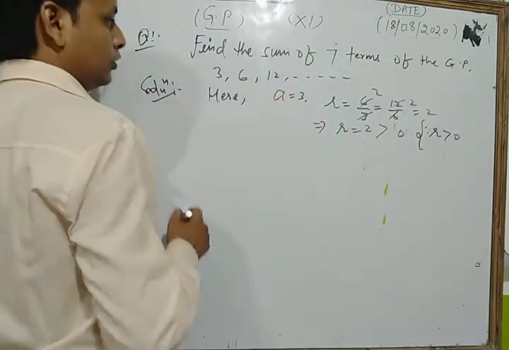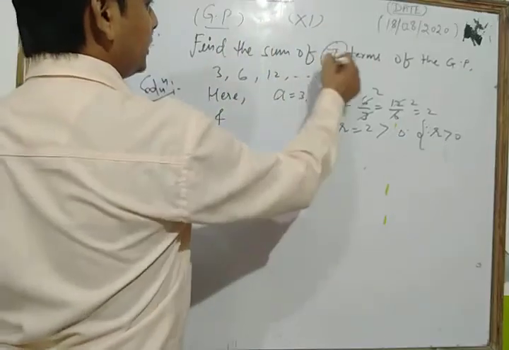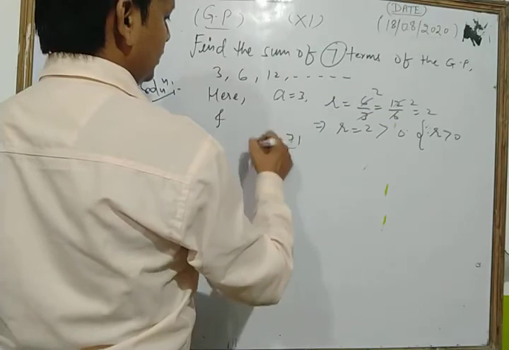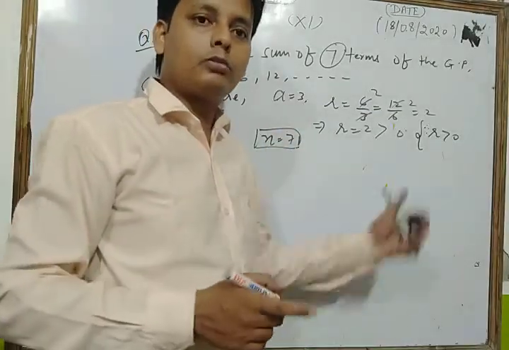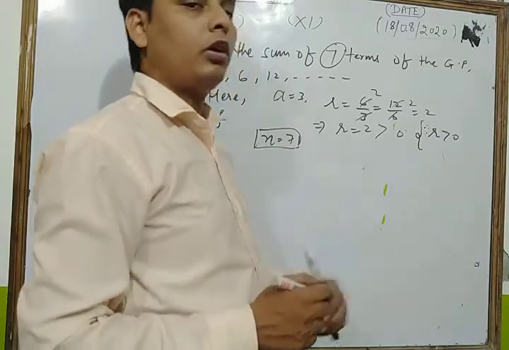Here r is greater than 0, and the number of terms is 7. Now we apply the formula for the sum of n terms of a GP.